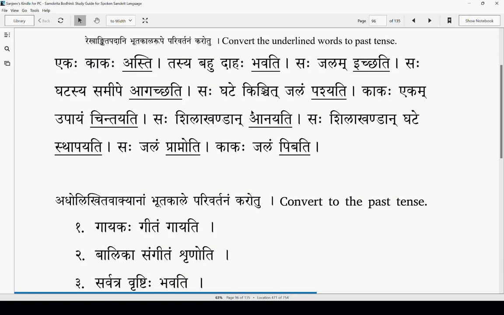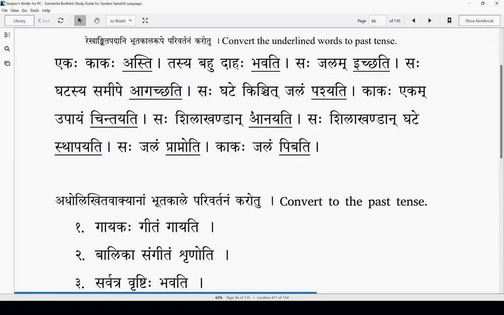So tasya bahu dahah bhavati will become tasya bahu dahah abhavat. Abhavat, langlakar. And saha jalam ichchati, I mean saha jalam ishtavan, I'm referring to the book. सः घटस्य समीपे आगच्छति.